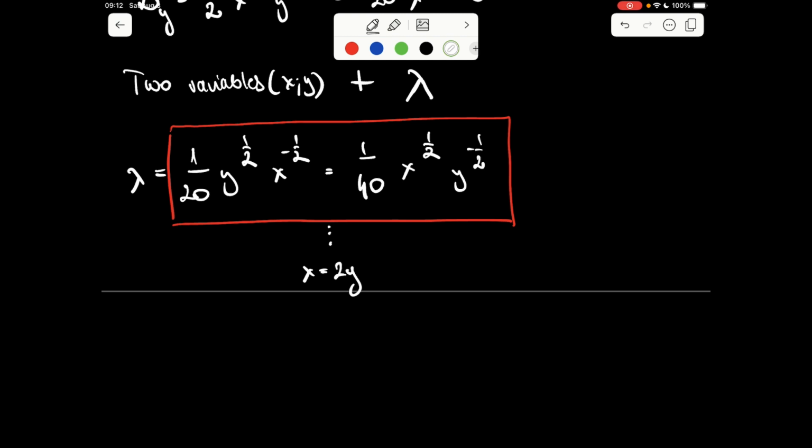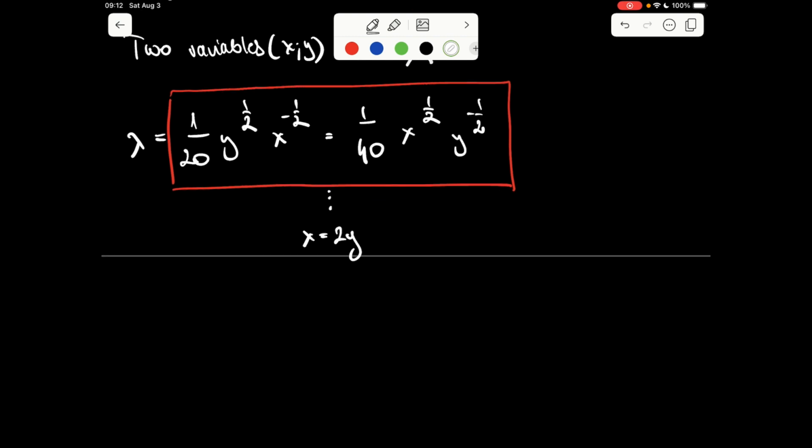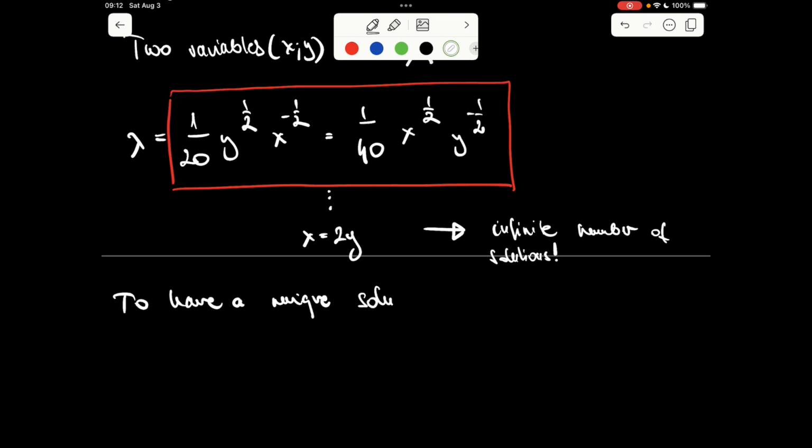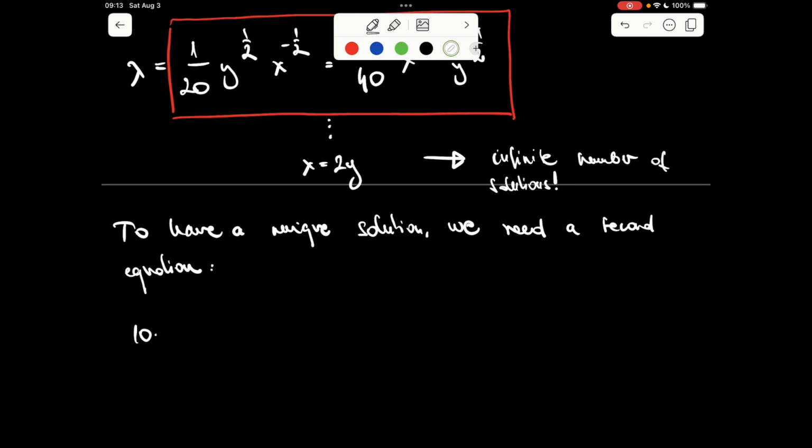So to have a unique solution, we need an additional constraint, which is the budget constraint, and this condition can be built into the second equation.